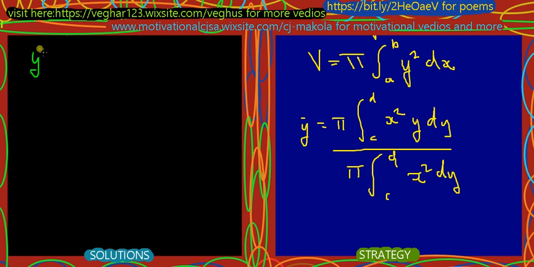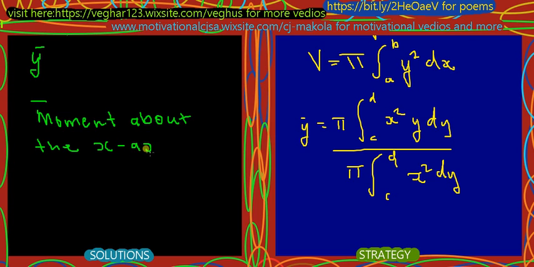So for y bar, if you don't know whether it's a y bar or x bar, if they say moment about the x-axis, they're saying it's y bar.